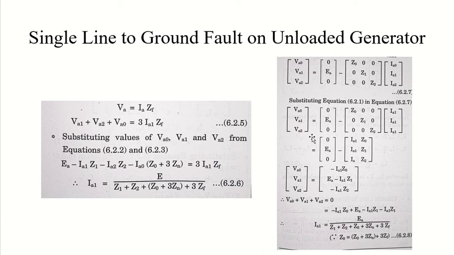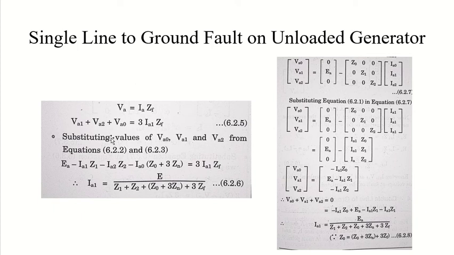Since the fault is occurring in phase A, we will call this voltage VA, which will be equal to IA into ZF. And we can write IA using this formula, right? Because it will get divided into positive, negative and zero sequence. So VA1 plus VA2 plus VA0 is equal to 3 into IA1 into ZF.